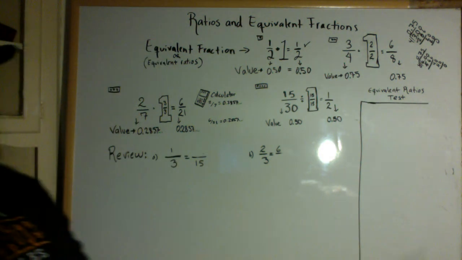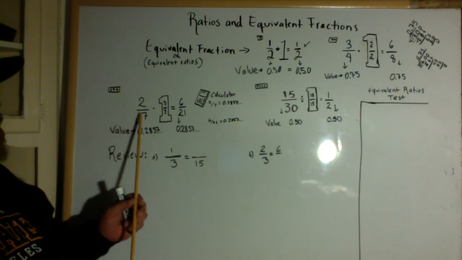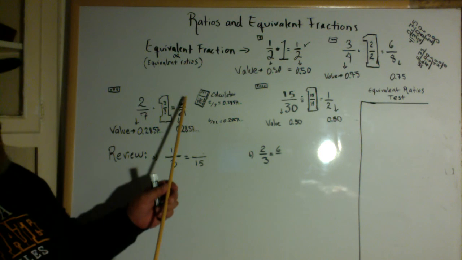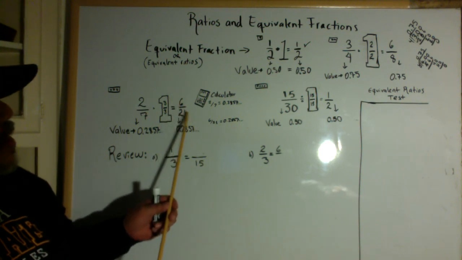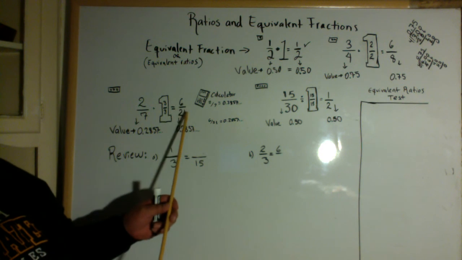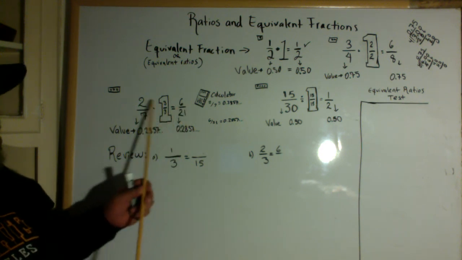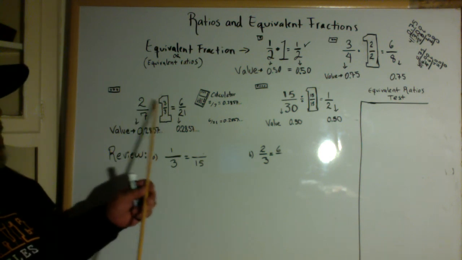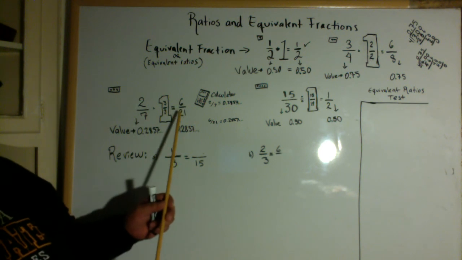So, let's see another example. This 2 over 7 has infinite equivalent fractions, but this is one of them, 6 over 21. Basically, I multiply 2 over 7 times 1, but that 1 is 3 over 3, so it's 2 times 3 equals 6, 7 times 3 equals 21.